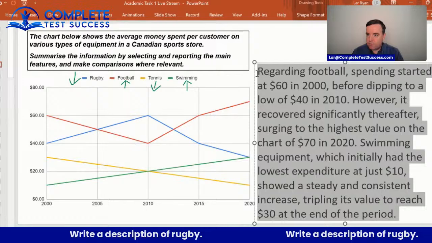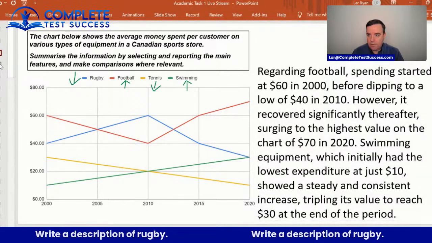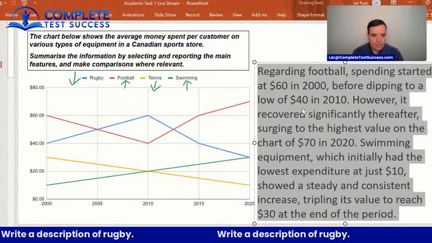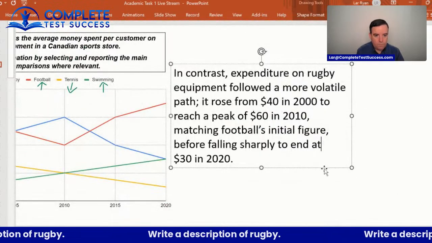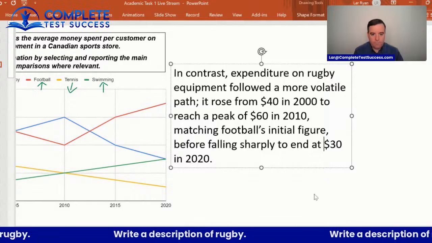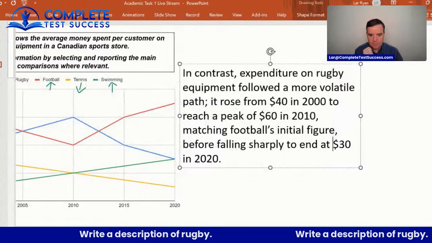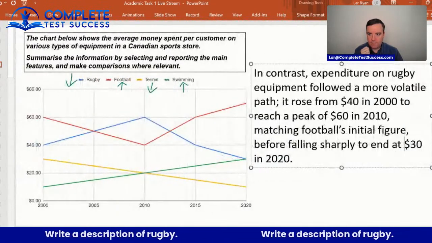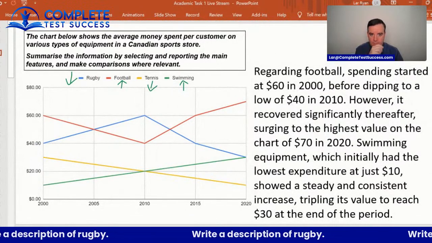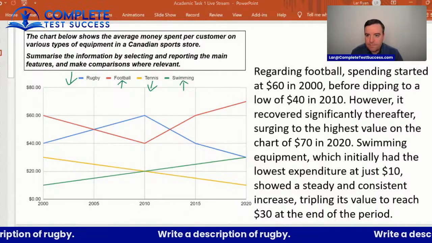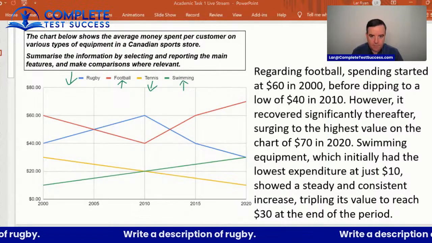So here's our description of rugby. Okay, give me a second just to tidy up the screen here. Okay, that should be all right. Yeah, that's all lined up okay.